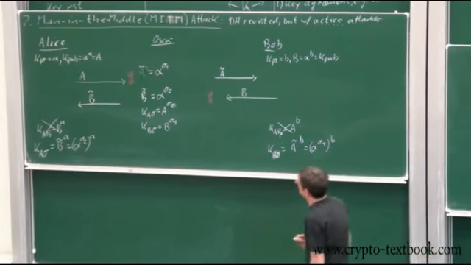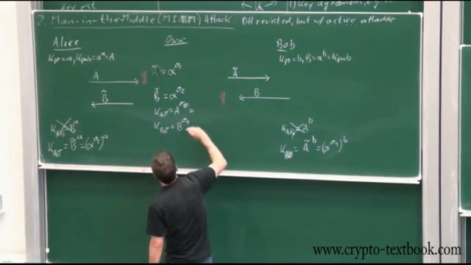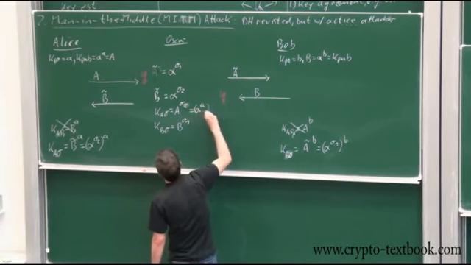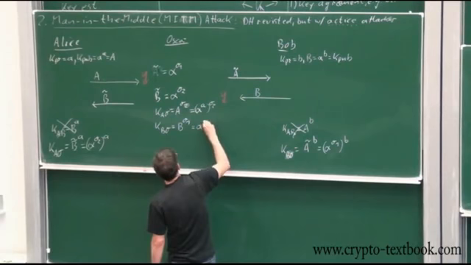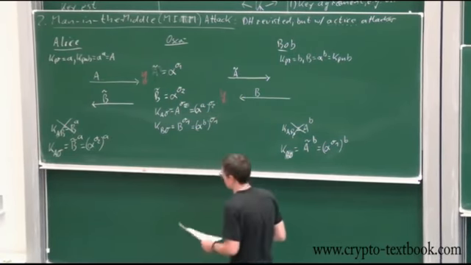Okay. So if you want to have somewhat of a proof that this attack works, you look where A is coming from. A is alpha to the A to the O2. And this is alpha to the B to the O1.